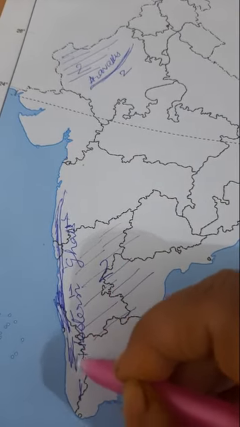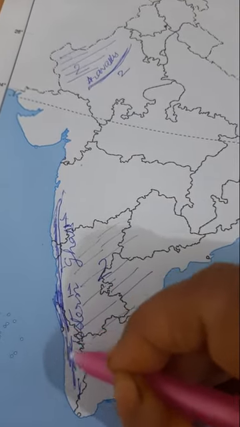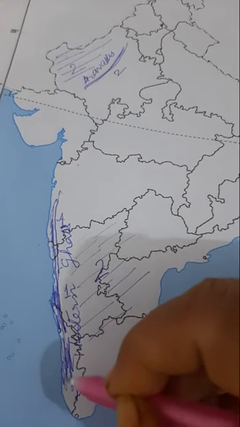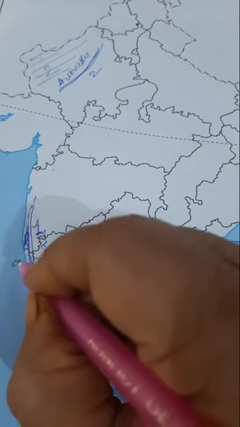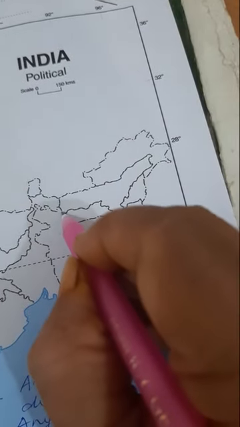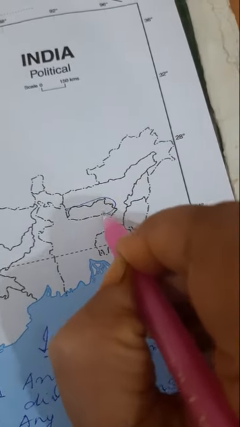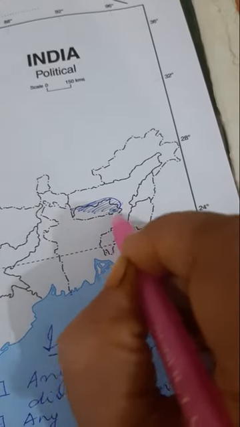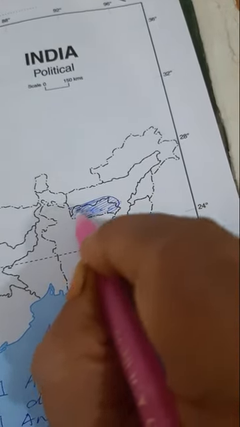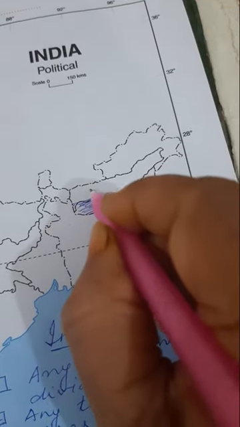Because this area receives heavy rainfall during the advancing monsoon period. So this is number 3. And also there is another zone in the northeastern part of our country. This is also number 3.